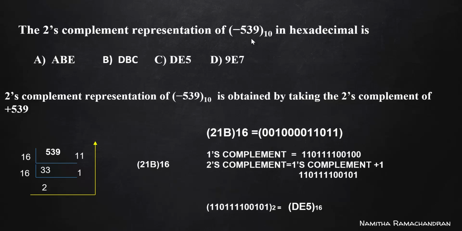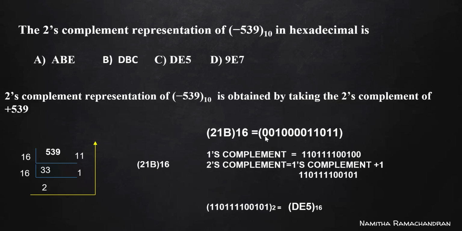In another way, we can divide this 539 using base 2 continuously and directly generate the binary form. Then it will generate the binary pattern corresponding to positive 539, and take the 2's complement of that. It will give the exact result. Here I have done it like this, that is division using 16, generate the hexadecimal equivalent and take its binary form.